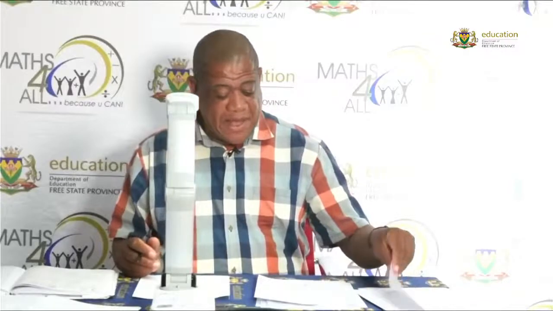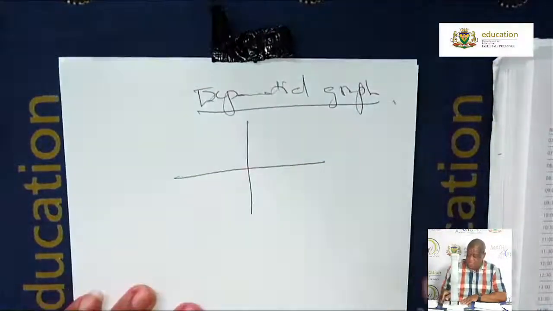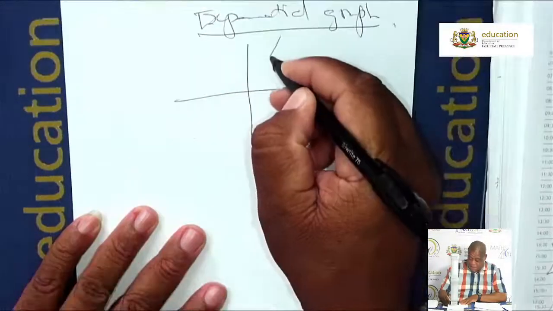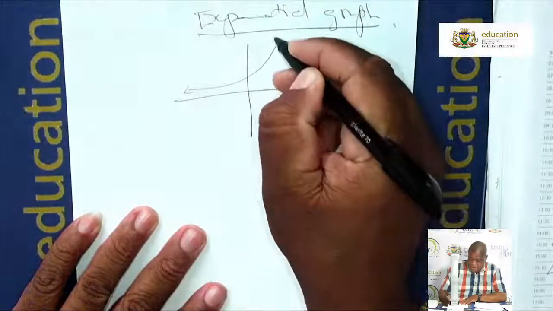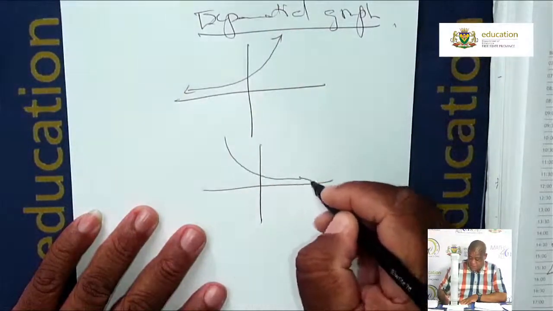And from the hyperbola, we have the exponential graph. On your exponential graph, we need to know that it may appear as an exponential graph of this nature, or it may be an exponential graph of this nature.